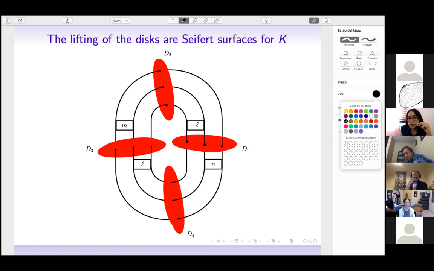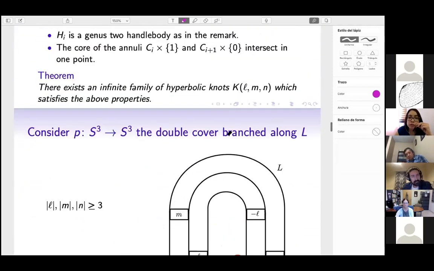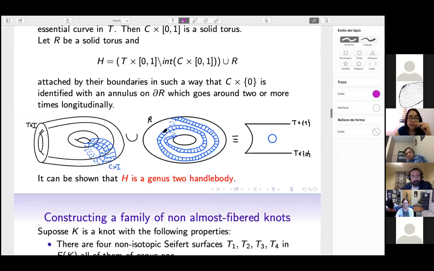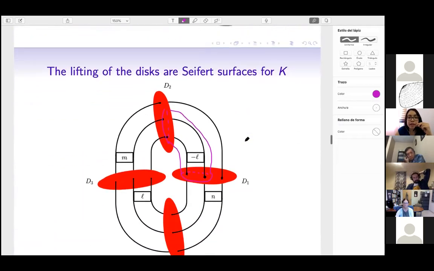This is because if we consider this tube, the region inside here, we will see that it leads to the solid torus here in this representation, which is glued non-trivially.